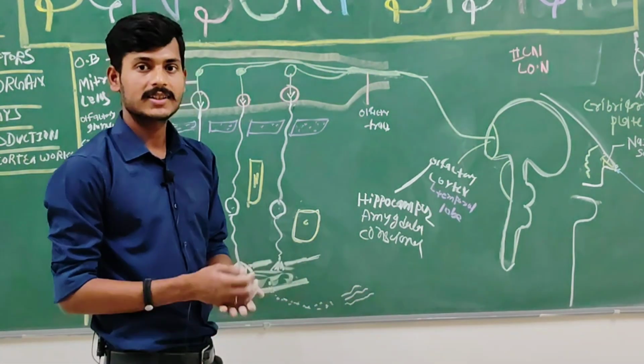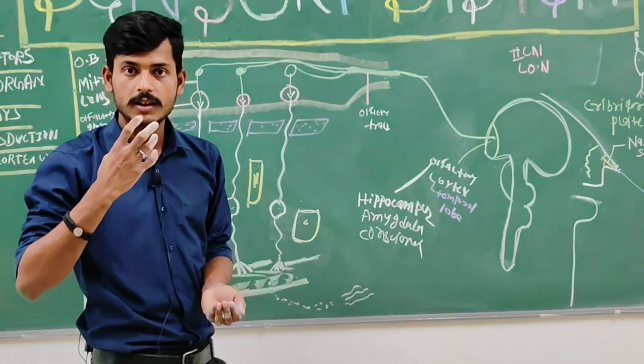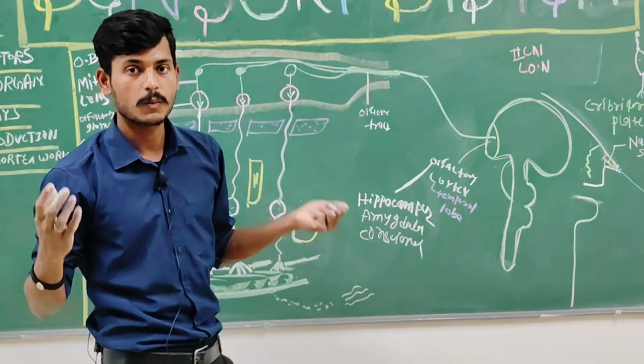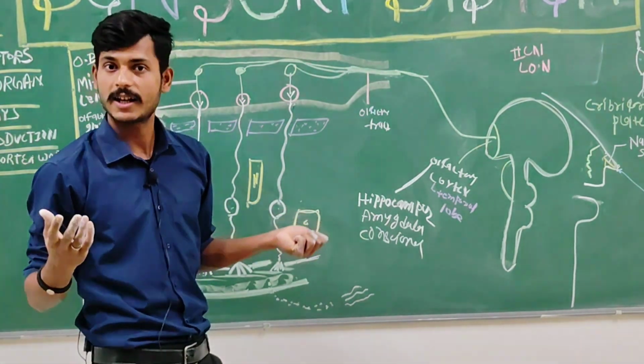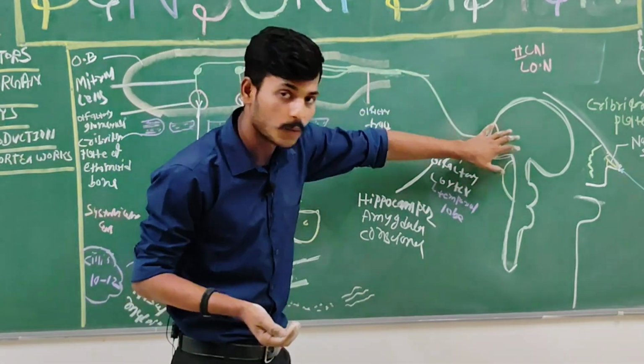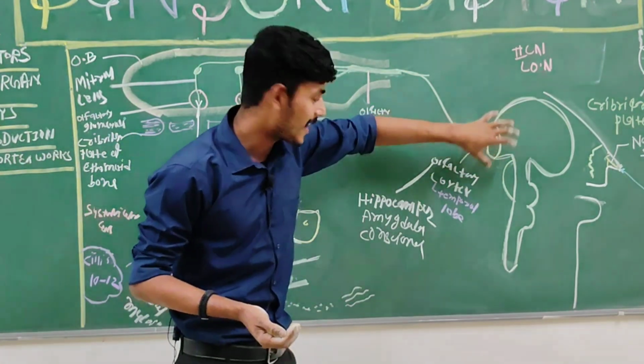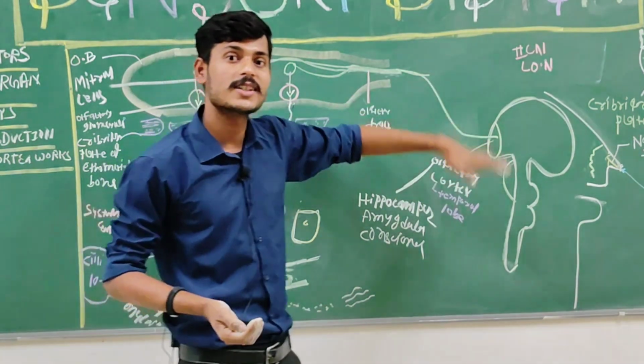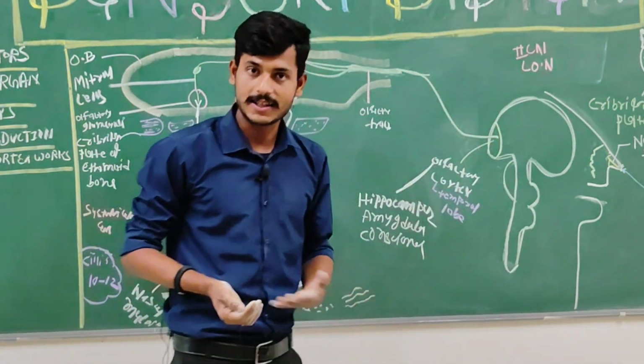You know that sometimes you smell something and you start feeling drowsy. How does this happen? Because the olfactory cortex, where all the messages are going, has association with other areas of the brain as well.